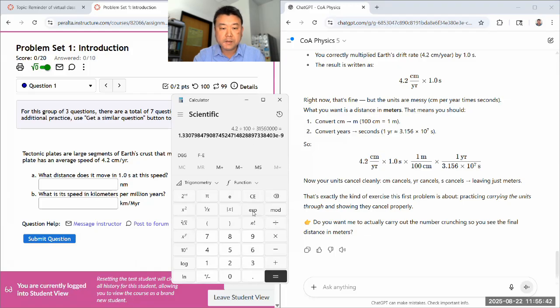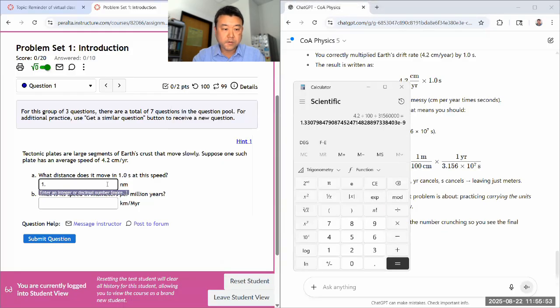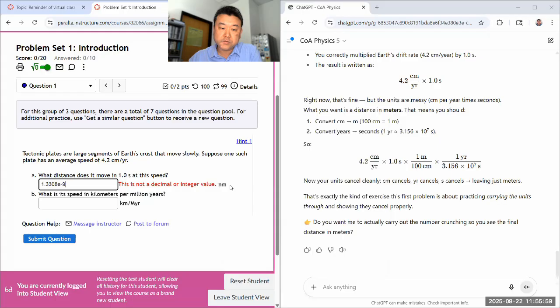And then I multiply by 1 second, so it'll be the same number. And then when I plug in 1.3308 e minus 9, it should say it's wrong because I need to convert it to nanometers.